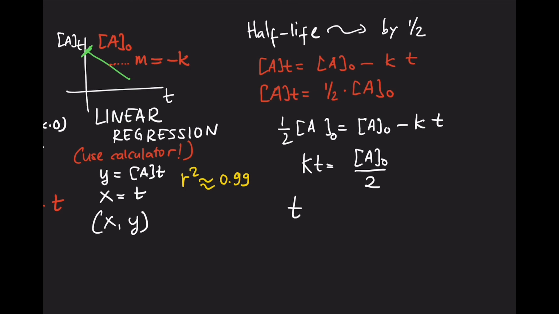So t will be A0 over 2k. And to denote that this is a half-life, we write the t as t half like this. So t half will be dependent on the initial concentration divided by 2 times the rate constant.